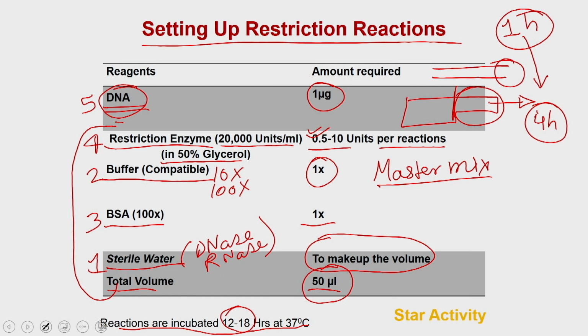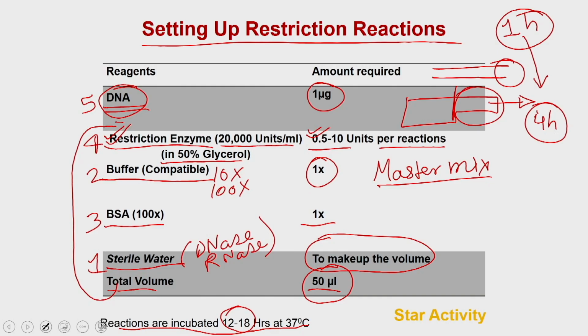The other important thing is whether you are using a single restriction enzyme or double restriction enzymes, because sometimes you may be looking to cut a particular DNA with 2 restriction enzymes.